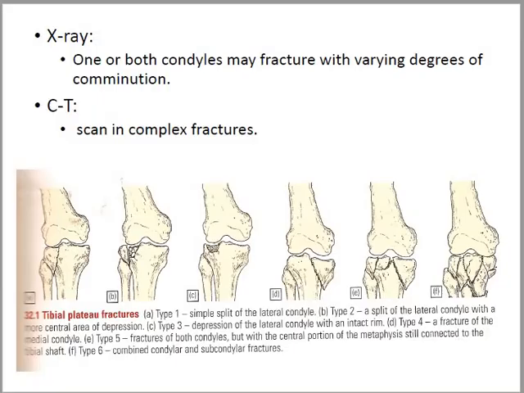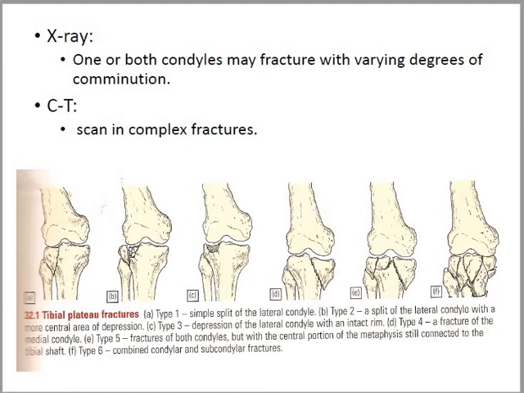On X-ray, one or both condyles may be fractured with varying degrees of comminution. We will see these drawn pictures, or rather diagrams, which are a classification of this type of fracture. See, the lateral condyle in the first picture, lateral condyle with some depression, medial condyle in type D, both medial and lateral condyles in type E, and so on, different severities of injury.